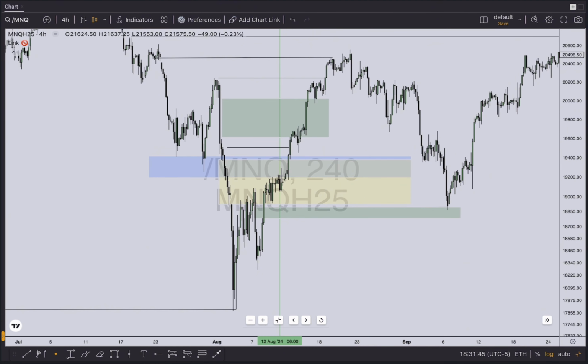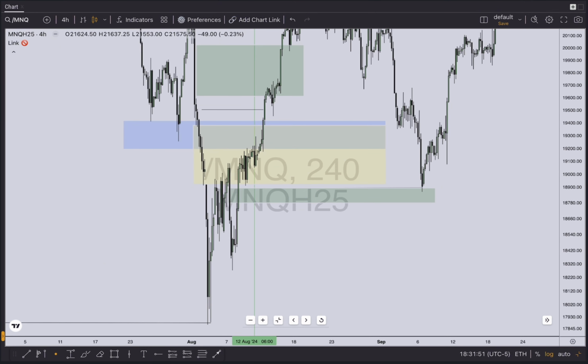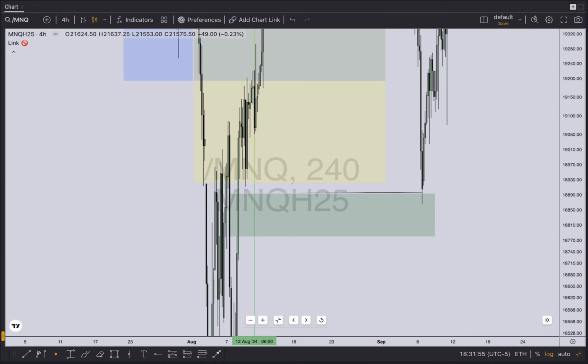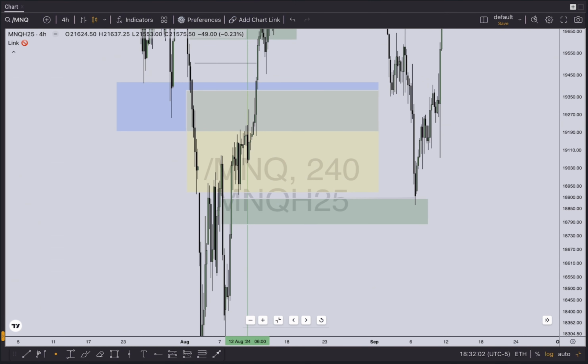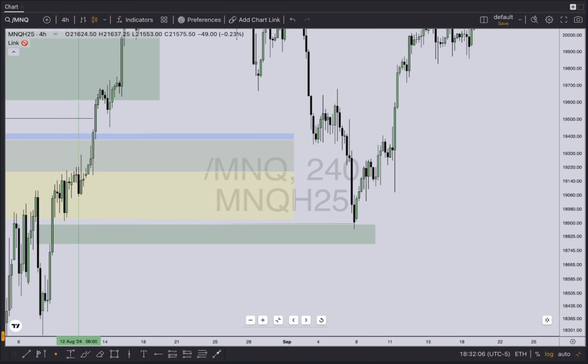Correct. So we've tapped into a 4-hour BPR. We've taken some sell side. We've also tapped into equilibrium or discount of this previous leg. So is it reasonable now to see price shift?